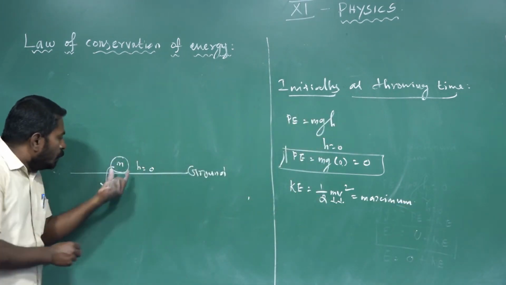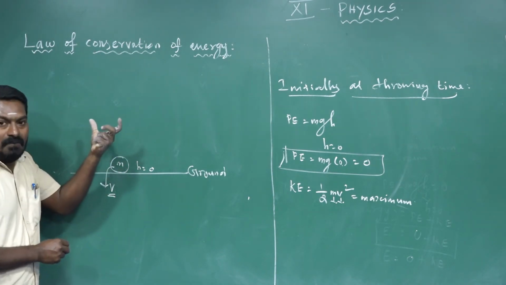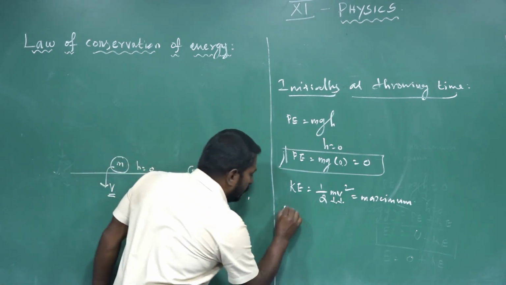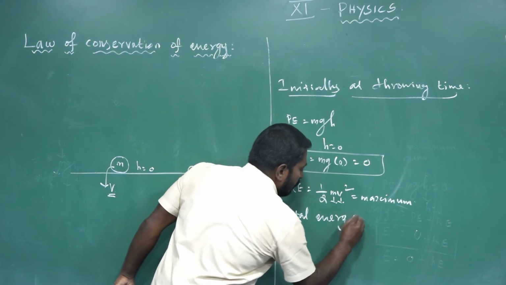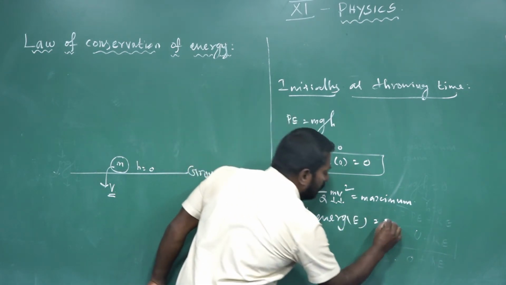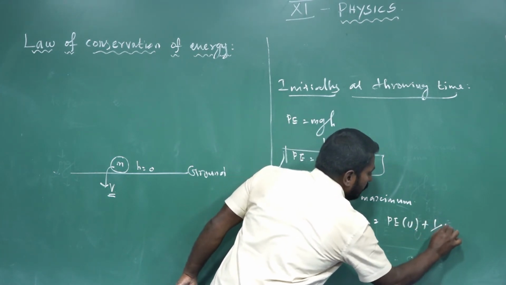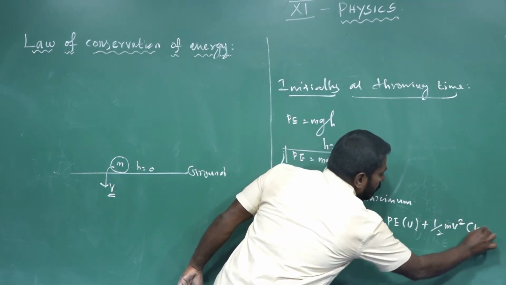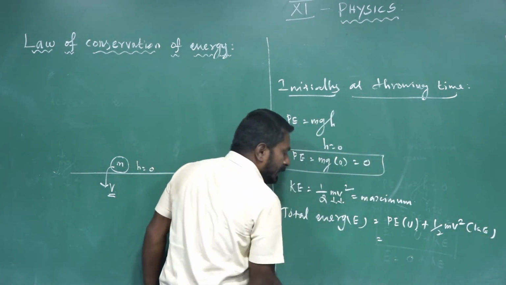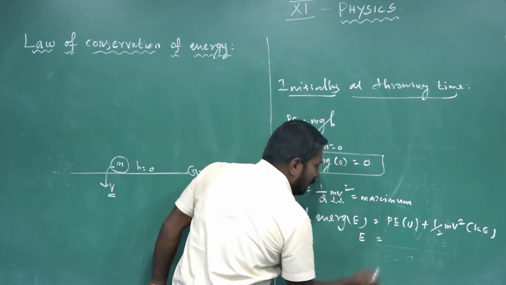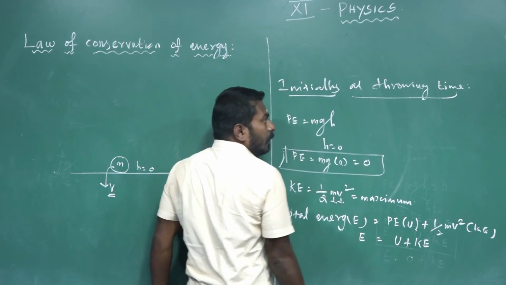So what is the total energy possessed by the body at that instant of throwing time, vertically upward? Total energy E is equal to the sum of its potential energy U and kinetic energy, half mv squared. At that instant of throwing time, total energy E is equal to potential energy U plus kinetic energy KE.